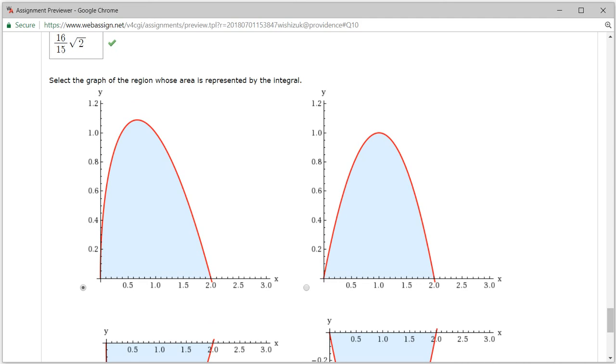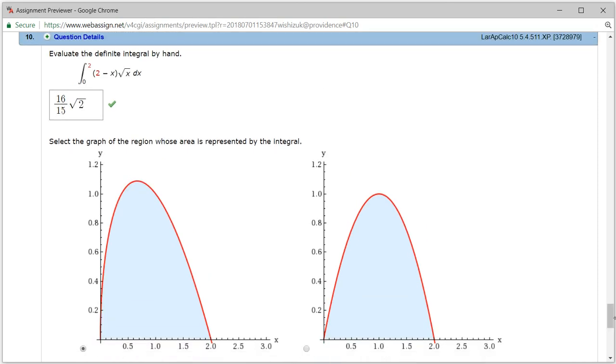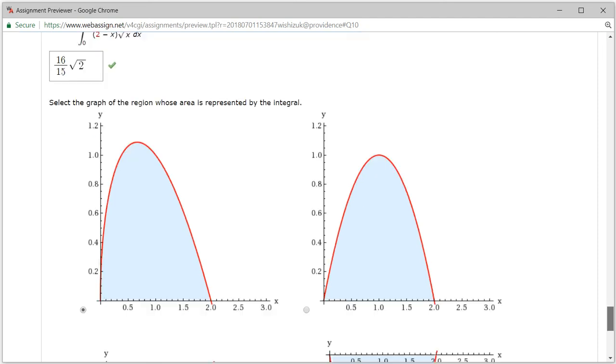This is a tough call, but the second one is very symmetric, almost like a parabola, and this function is square root of x times 2 minus x. So I would say the first one is the correct picture.